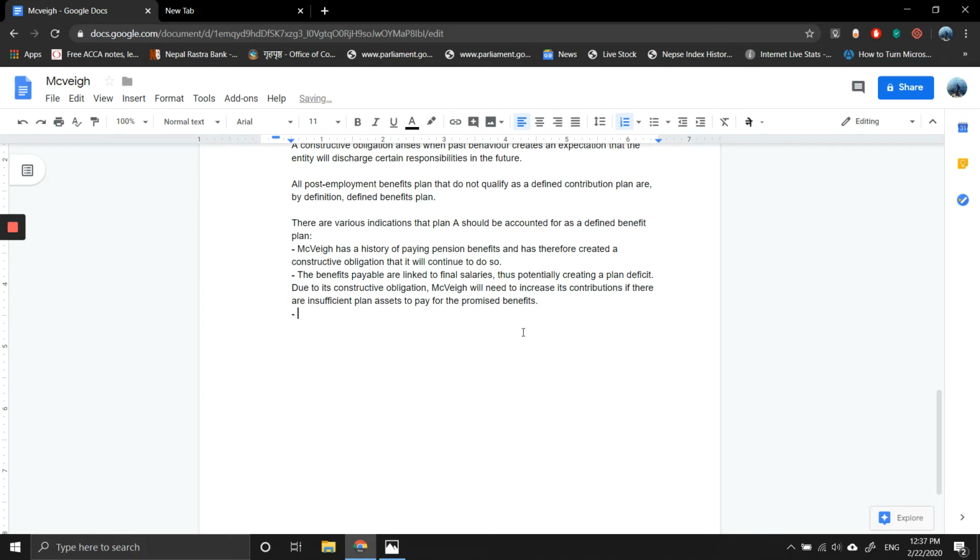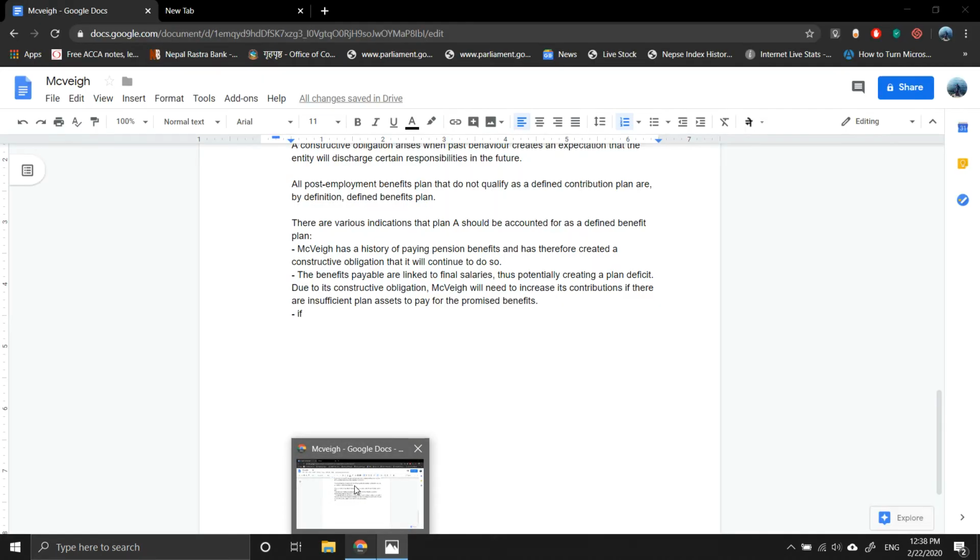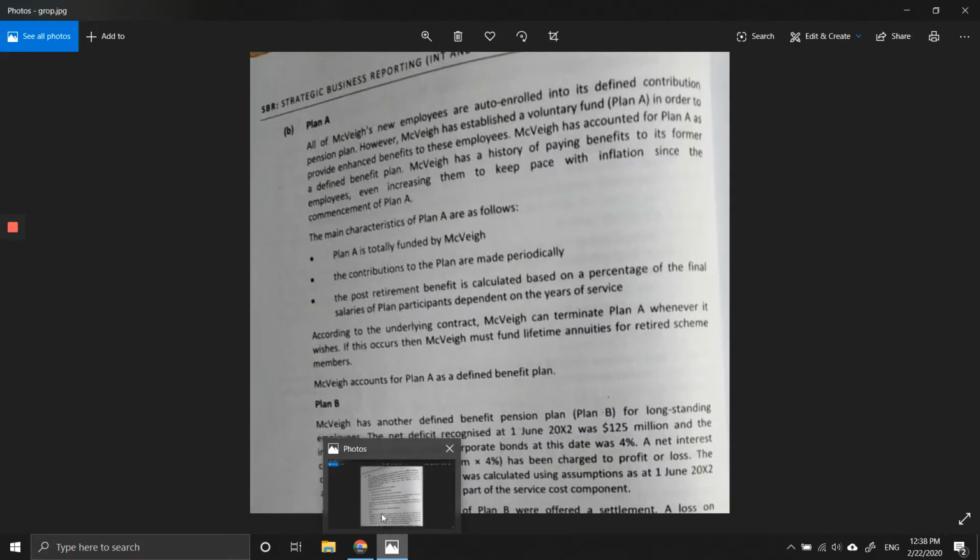Alright, so let's talk about this point. If it terminates the plan, lifetime annuities for retirement scheme members. Okay, lifetime annuities, right?